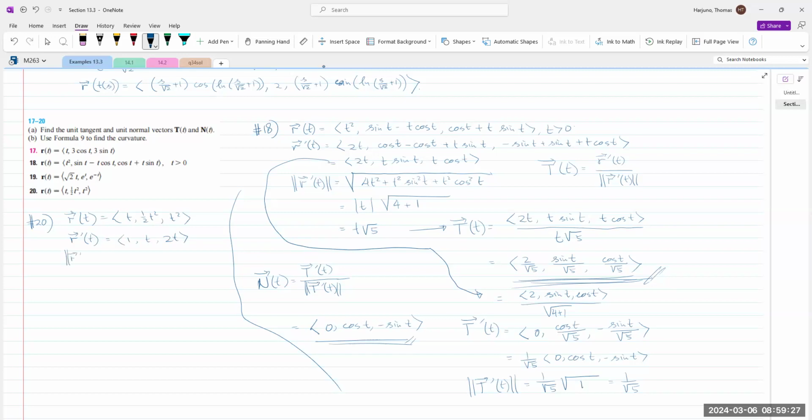So the absolute value of r prime t will be the square root of 1 plus t squared plus 4t squared, that's the square root of 1 plus 5t squared. So what is the unit tangent factor? That's 1 over square root of 1 plus 5t squared times (1, t, 2t).